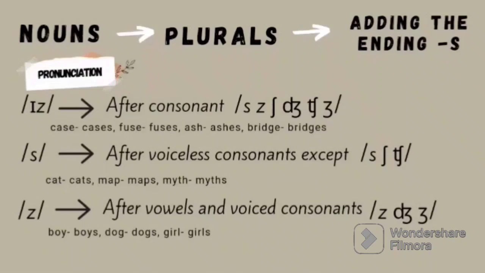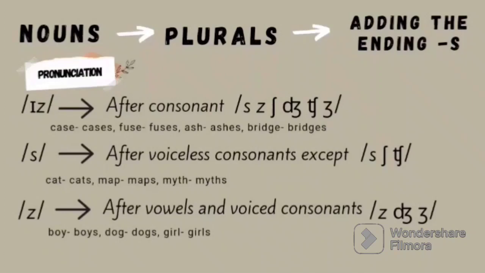In the third category, nouns add the z consonant after vowels or voiced consonants, except the z, zh sounds. For example, boy. Phonetically, the word boy ends with a vowel. So, in the pronunciation, to express a plural of boy, add the z sound.